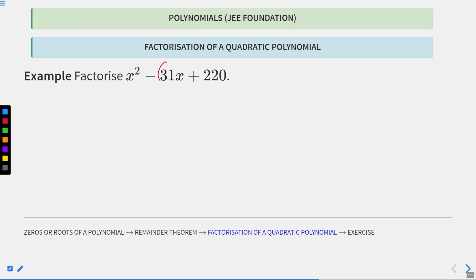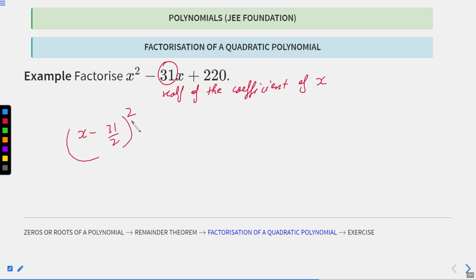So just taking half of the coefficient of x, I will get 31 by 2 whole square. You expand a square plus b square by minus 2 times ab, which will be minus 31x.